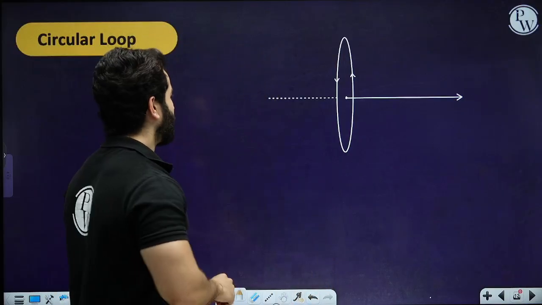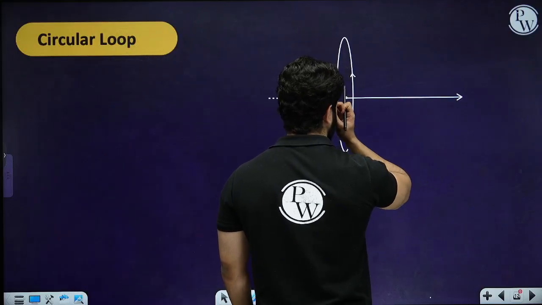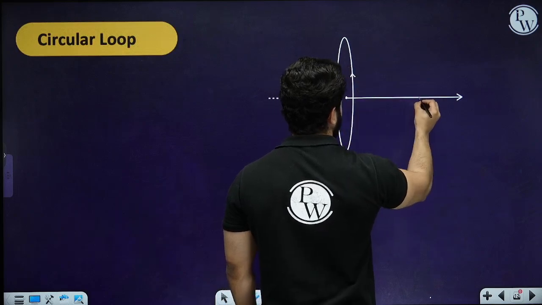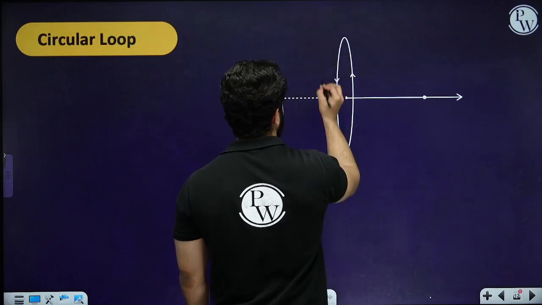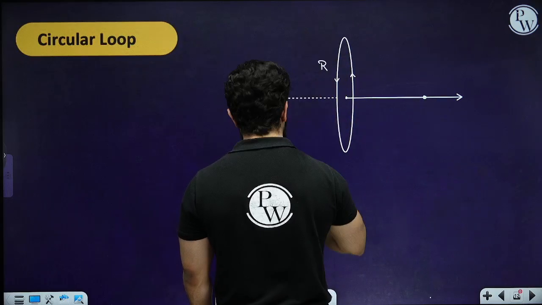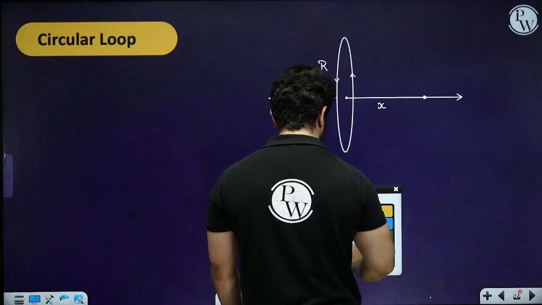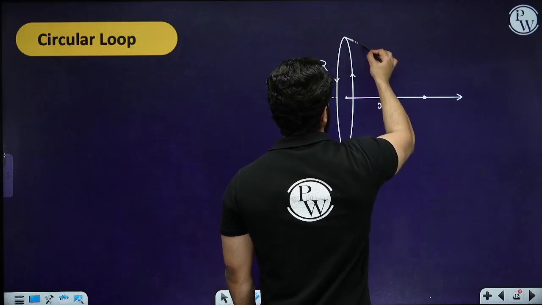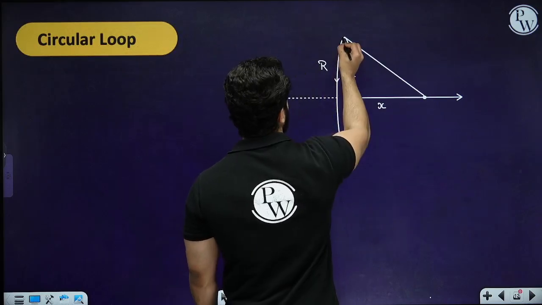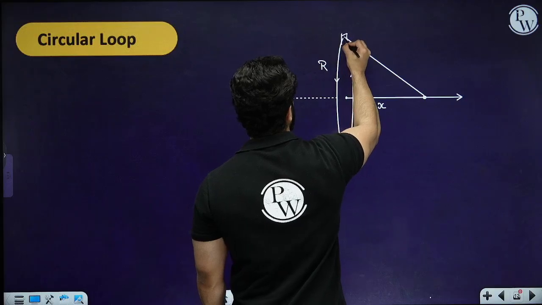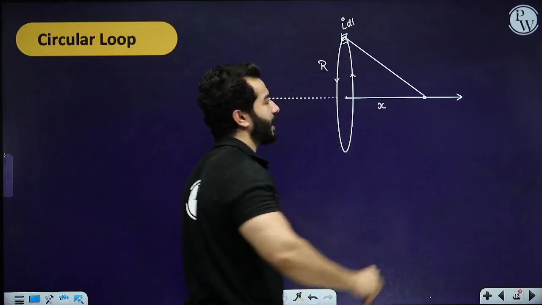Okay? So now let's suppose I want to find out the magnetic field at a certain point P. Radius of the loop is capital R, and let's say this distance is X. I'll take a current element over here, which will be IDL, and now you tell me what is going to be the direction of IDL.